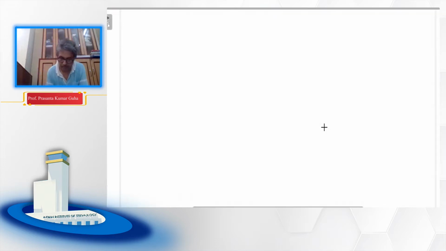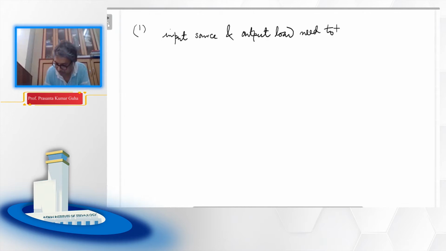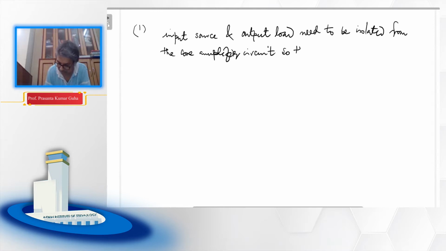One of the key points was the input source and output load need to be isolated from the core amplifier circuit so that DC biasing remains intact.